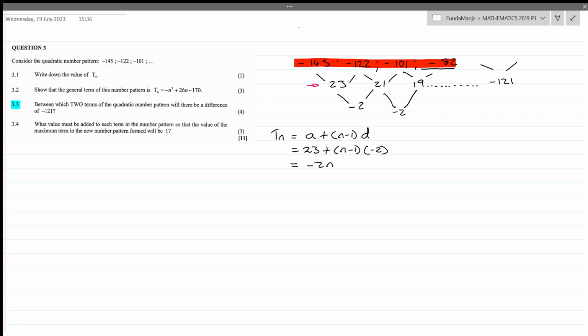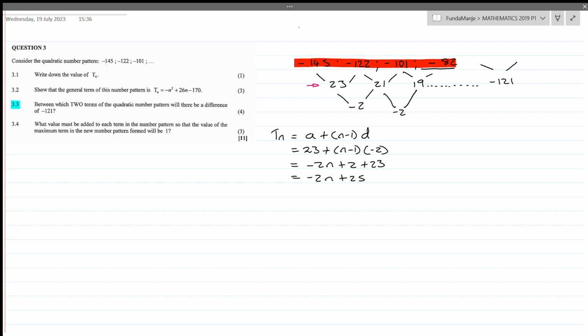By multiplying minus 2 with everything in this bracket, first of all we'll get minus 2n, then positive 2, then positive 23. Then this simplifies to minus 2n plus 25. This now allows us to calculate the position of any difference that we need.